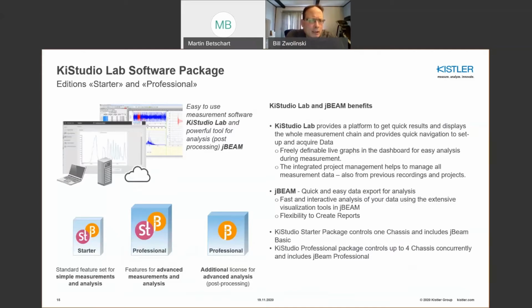Well, the Key Studio Lab is absolutely optimized for setting up projects, setting up tests, and being able to coordinate data acquisition and getting the data into a file that can be then transported to an analysis package, either one you might have at your facility or perhaps a package called JBeam, which is an interactive analysis tool, very easy to use, gives you a variety of plots, and the power of this tool is really in the ability to create reports and generate results in a defined format.